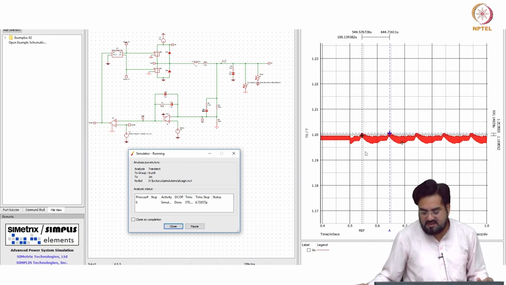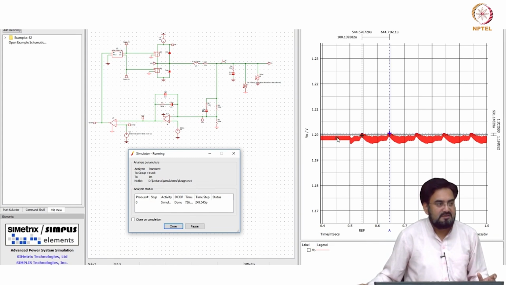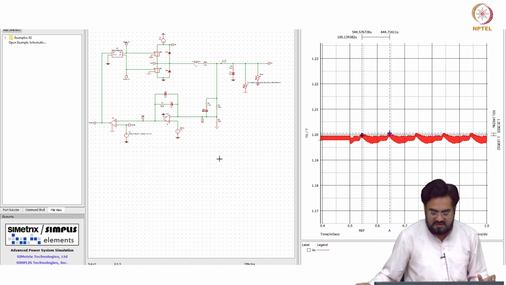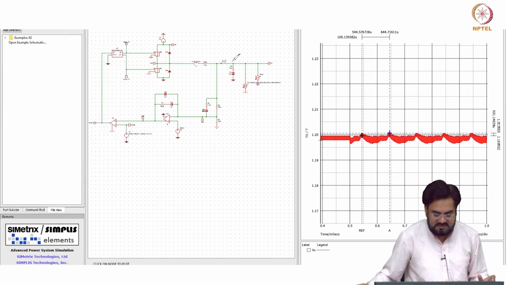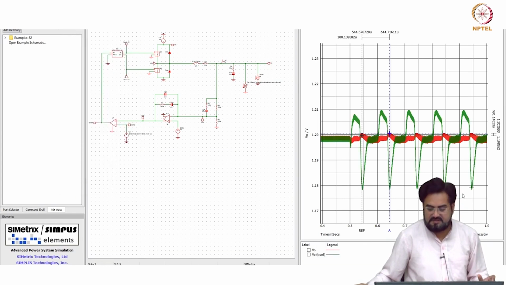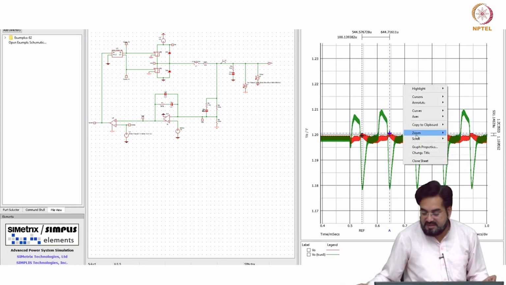So this does not look bad compared to your output without switching load, because this is a very small ripple. But now if I do not have those poles, see, this is appearing at 10 kilohertz.